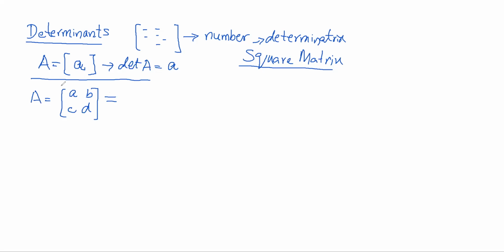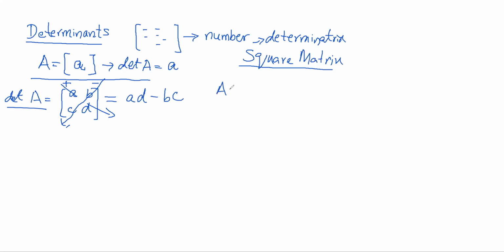We do the multiplication in these directions. The first multiplication is with the plus sign, the second multiplication is with the minus sign. This is the rule for a 2 by 2 matrix, so it will be AD minus BC.